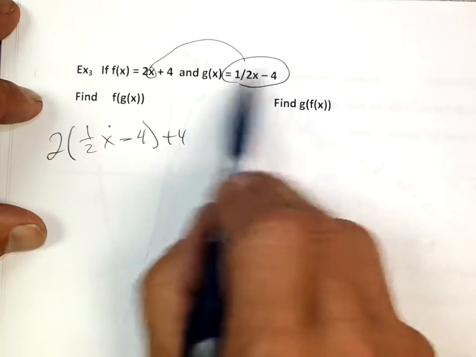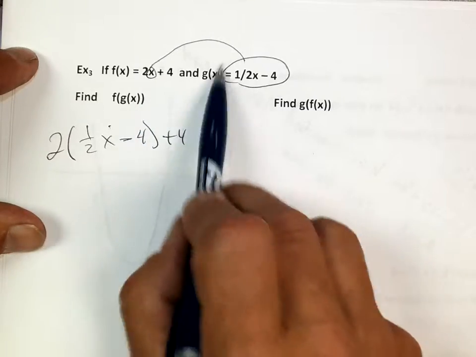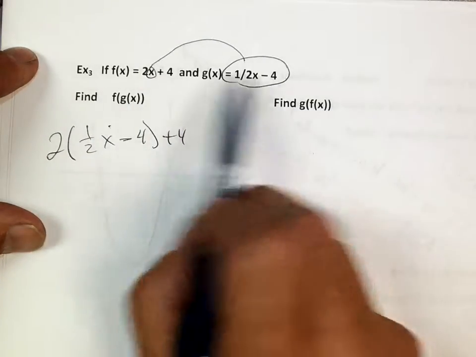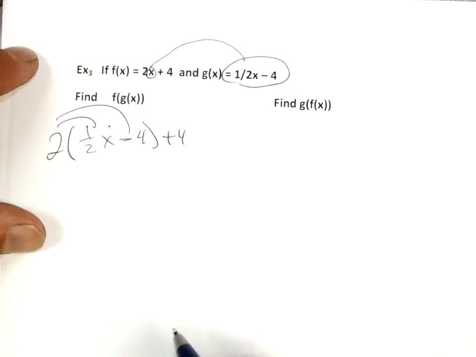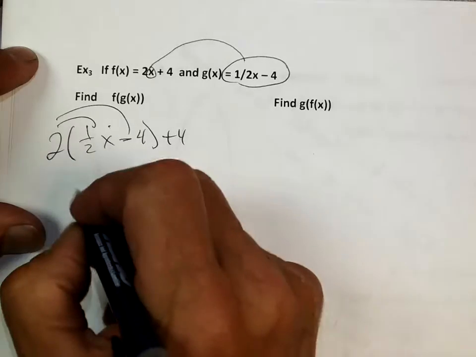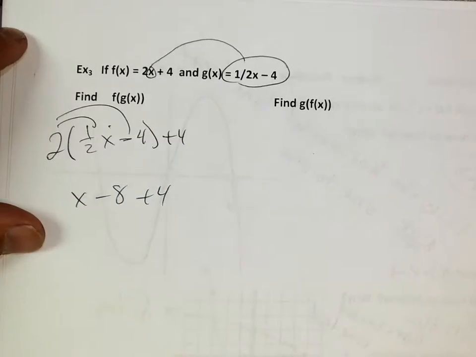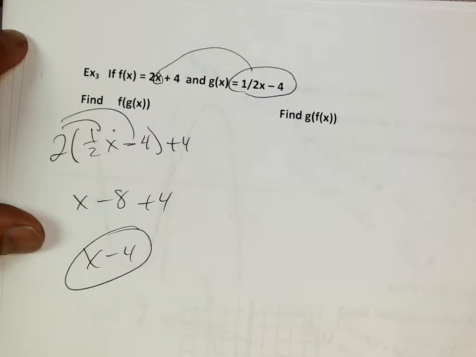I took the whole equation and put it there. You guys okay with that? Because g is now inside of f, right? Now if I simplify this, I'm going to get x minus 8 plus 4, or x minus 4, okay?